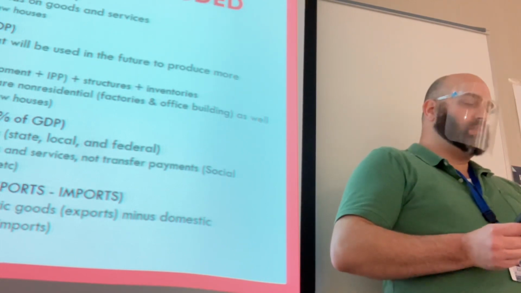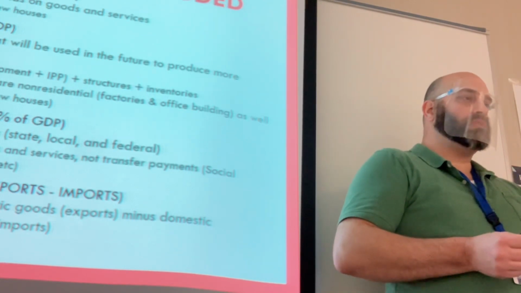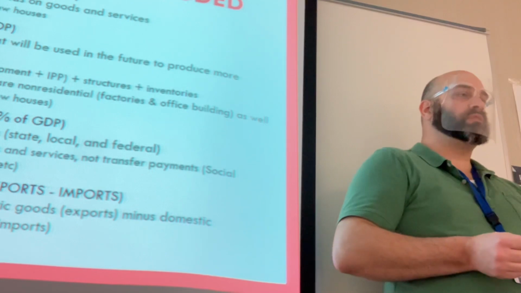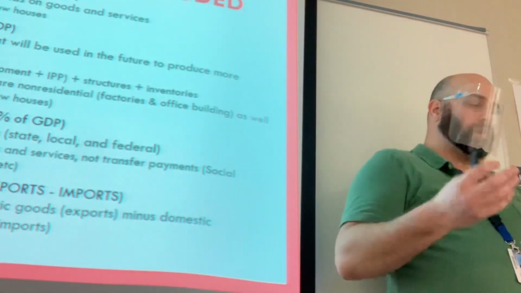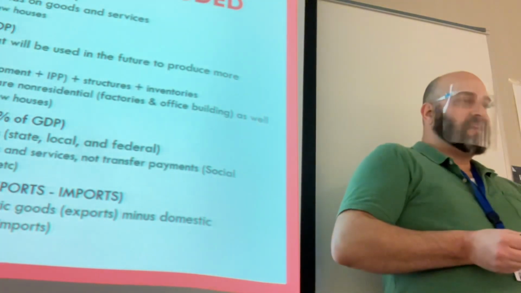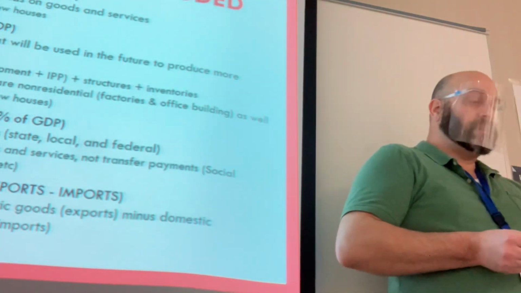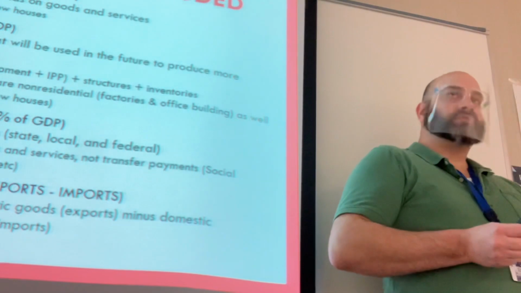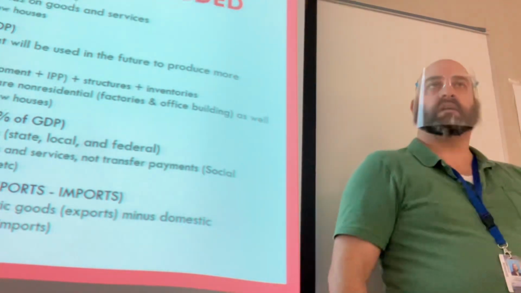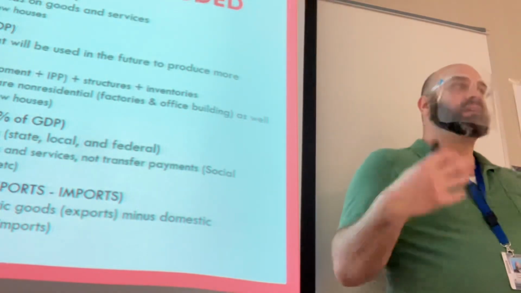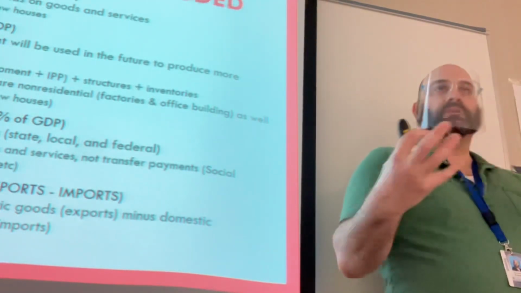Investment is the purchase of goods that will be used in the future to produce more goods and services. So like capital goods, equipment, and intellectual property, that is IPP, and structures and inventories. Structures would be like factories, like the Toyota factory in Princeton, Indiana. That would be a physical investment.